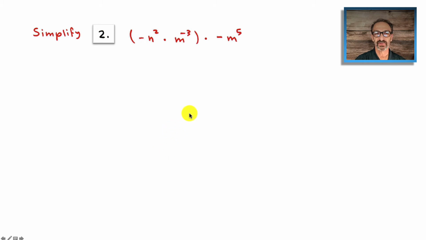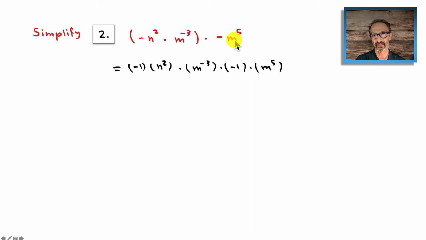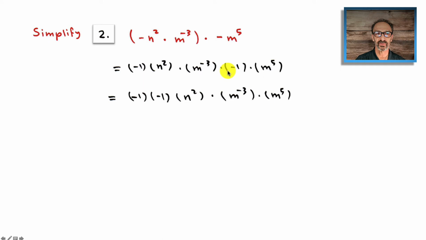One more time. Let's make it clear factor by factor what's going on here. We have the -1, we have n to the second, we have m to the -3, we have a -1 again, because this negative is not part of the base, and we have m to the power 5. Rearranging one more time, you don't have to, but the way to see it, those negative ones will be multiplied.